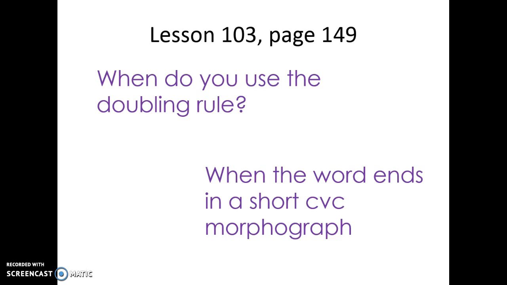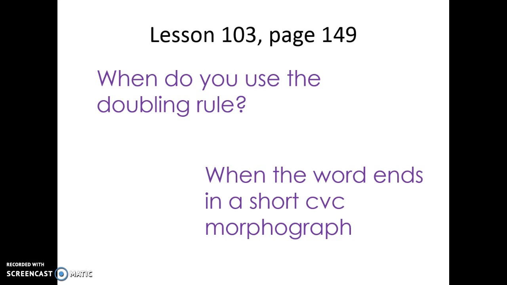Number 2, repel. Does the word end in a short CVC morphograph? Yes, it ends with the morphograph pel. So do you double when spelling repelling? Write repelling underneath repel. Subvert. Does that word end in a short CVC morphograph?